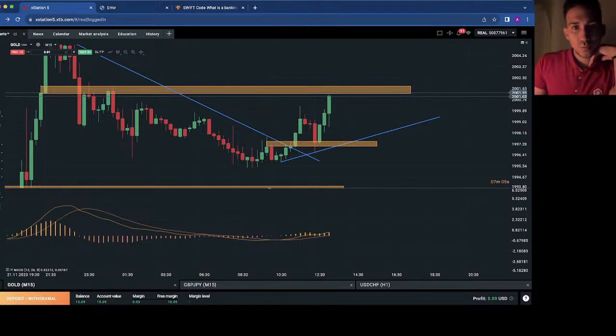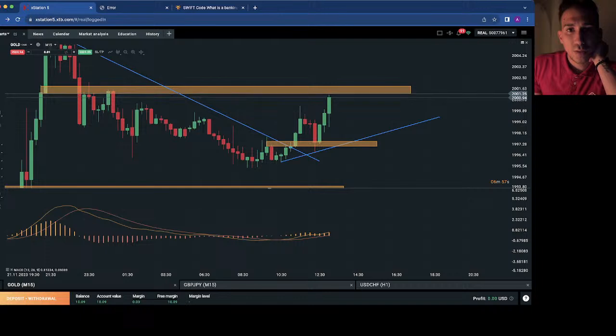Okay, here we go. Let's see what's happening. Okay, he touched the area, struggling, making some rejections. Move up. We are already in the area, and still have 6 minutes for the next candle to appear.